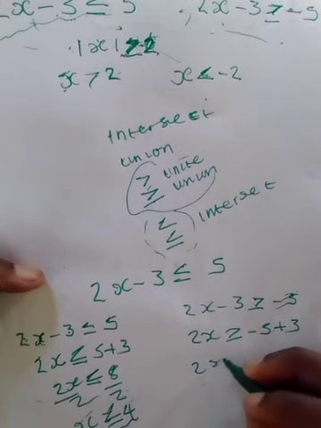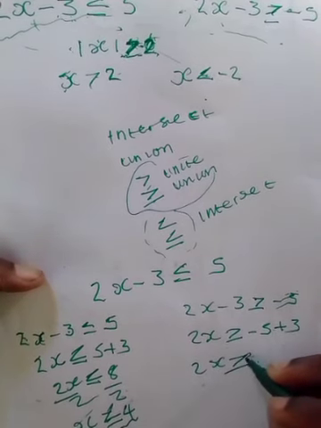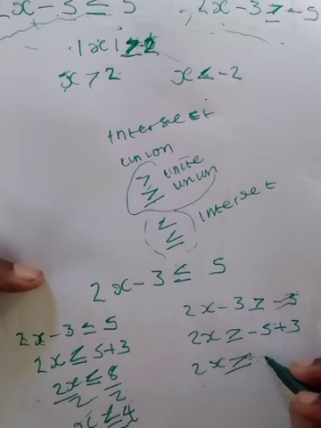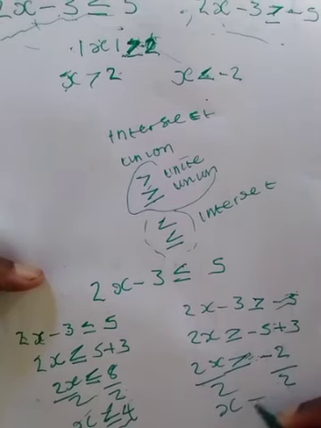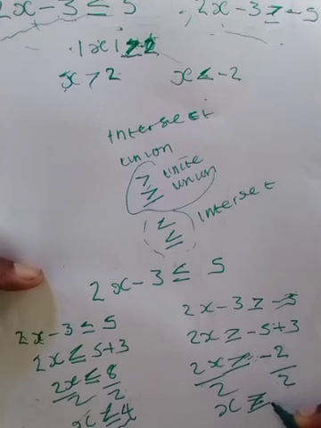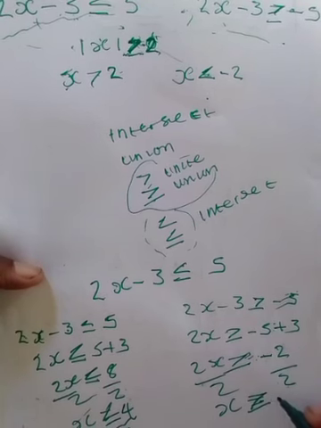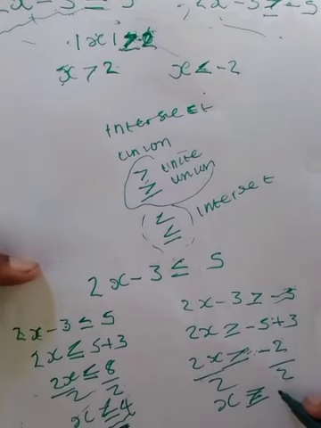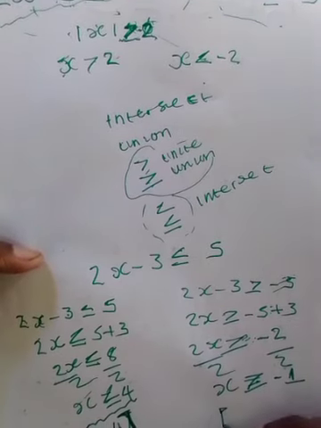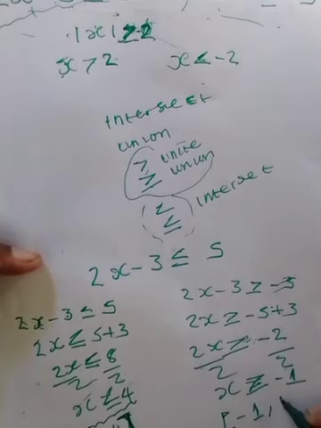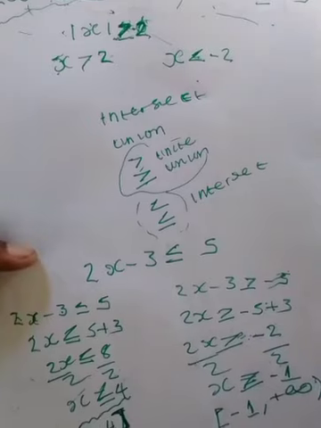Here I have 2x greater than or equal to, here I'm going to get negative 2, right? Divide 2 by 2, divide 2 by 2. I'm going to get x is greater than or equal to negative 1. In interval notation, this is going to be negative 1 going to positive infinity.